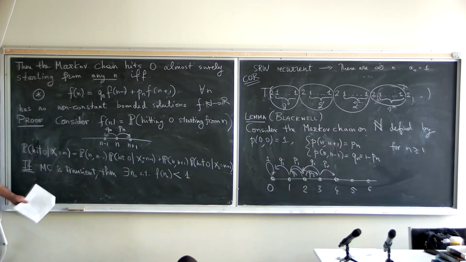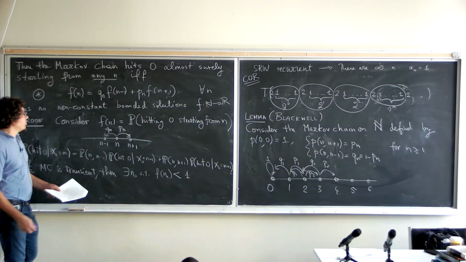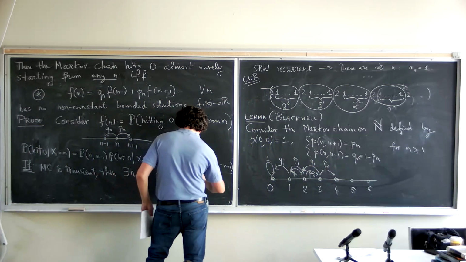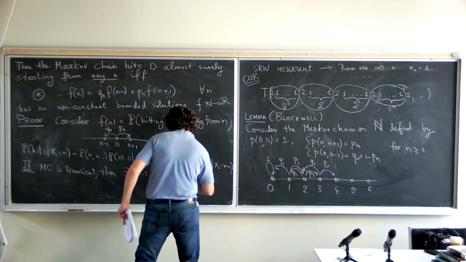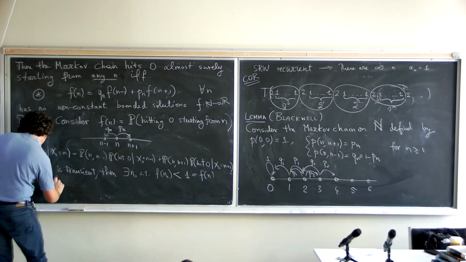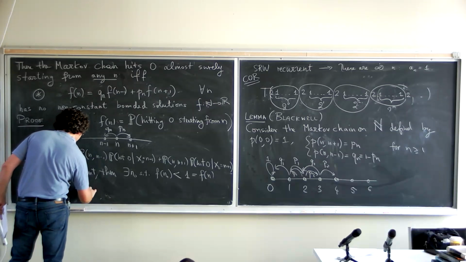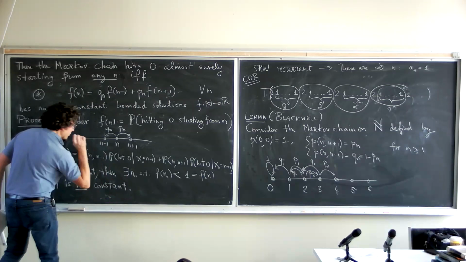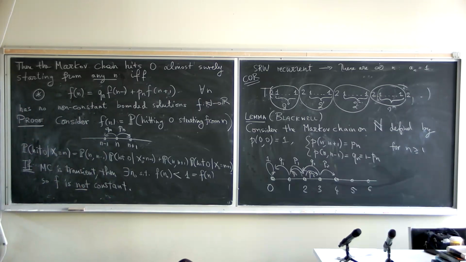On the other hand, f of 0 we know is 1, because the probability of hitting 0 starting from 0 is 1. So f is not constant. That's kind of cool actually.